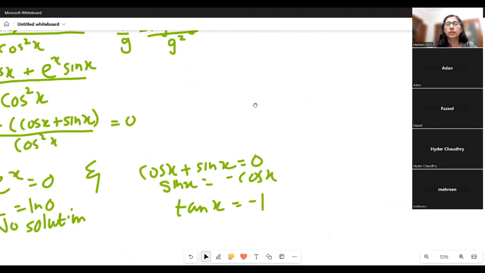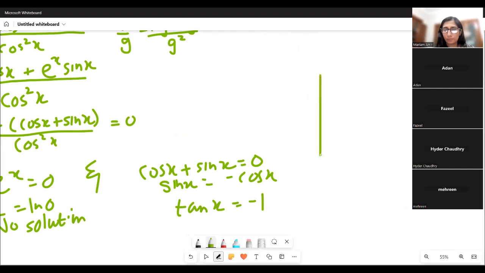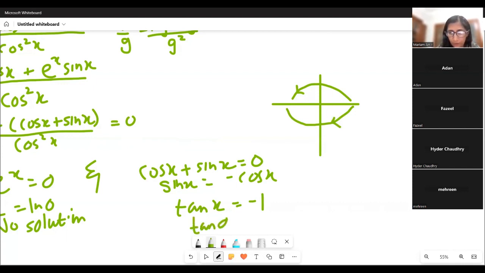So 0 to 180 and 0 to minus 180. So here to here or here to here. That's actually all 4 quadrants. Okay, so let's find alpha first. Tan alpha equals 1. So alpha equals pi by 4.